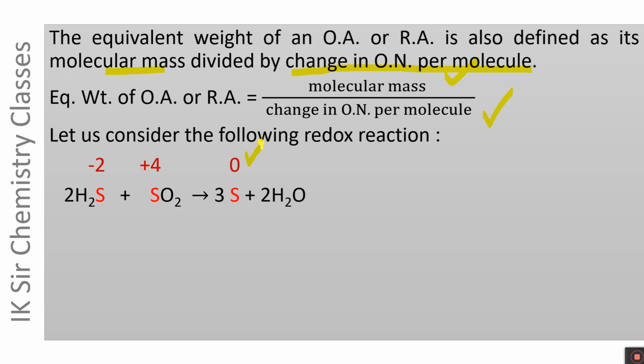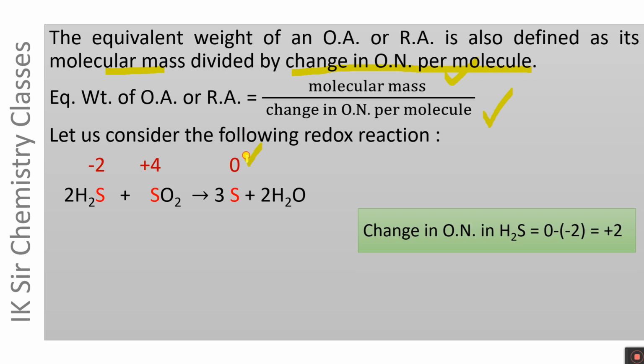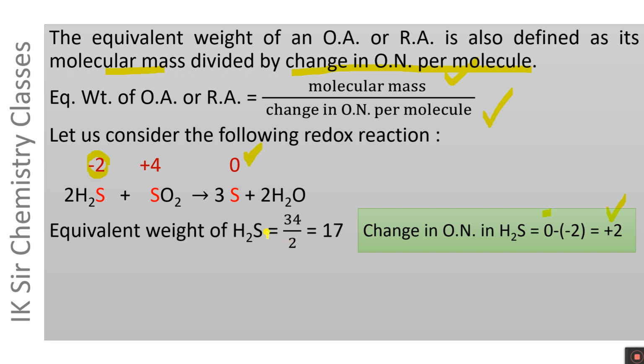Let us calculate the change in oxidation number of S in H2S. Final oxidation state 0 minus initial oxidation state -2 is +2. The equivalent weight of H2S will be molecular mass divided by the change in oxidation number per molecule, which is 2, so it will be 17.